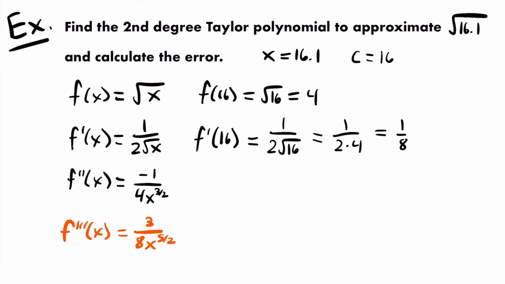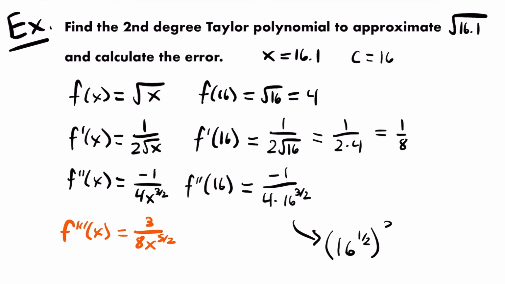Then for the second derivative, we'll have f double prime of 16, which is equal to negative 1 divided by 4 times 16 to the 3/2 power. Now the 3/2 power is the same as taking the square root of this value and then cubing it, right? Because we could rewrite this as 16 to the 1/2 power cubed, because you would multiply those exponents to get 3/2 as the exponent of 16.